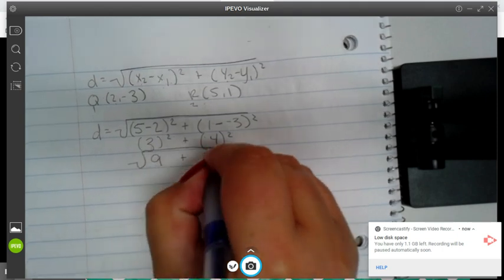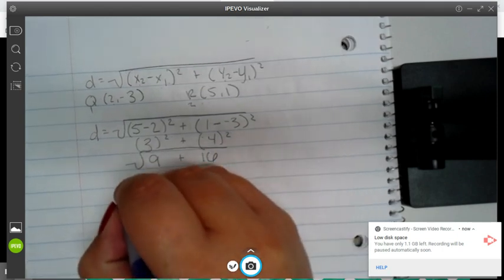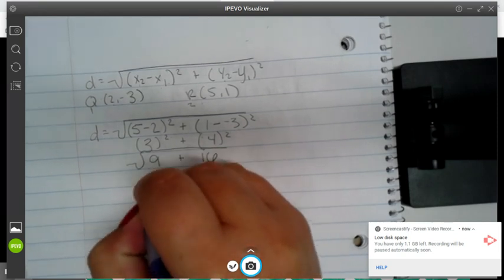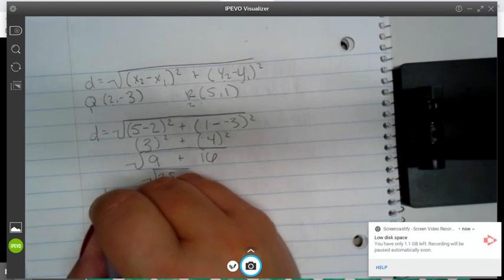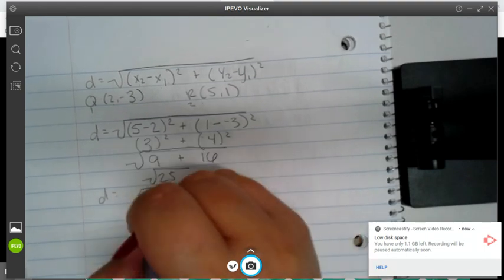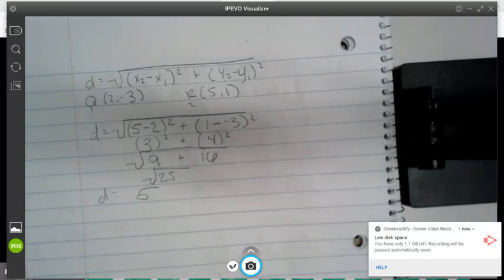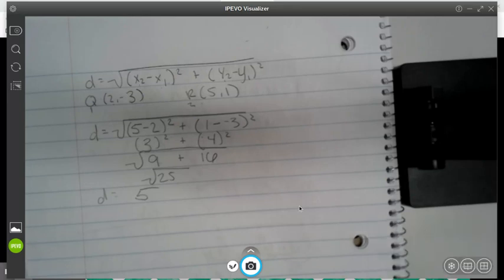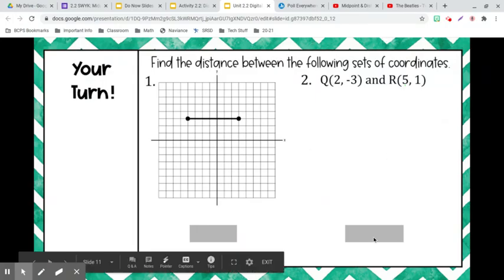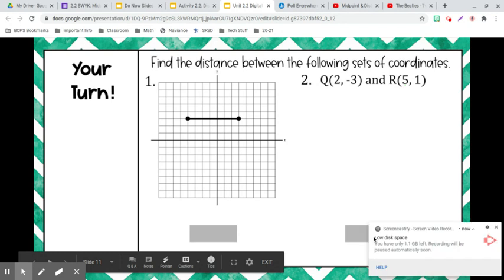So we still need that. So 9 plus 16 is 25. We need the square root. And the square root of 25 is 5. So D equals 5. It's a weird looking 5. Great job. So over here, we're going to say D equals 5.